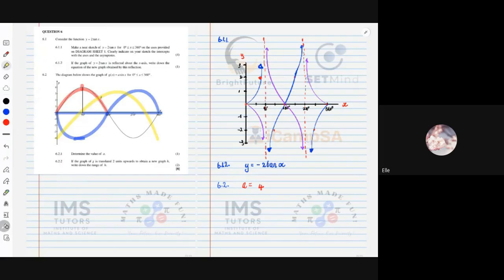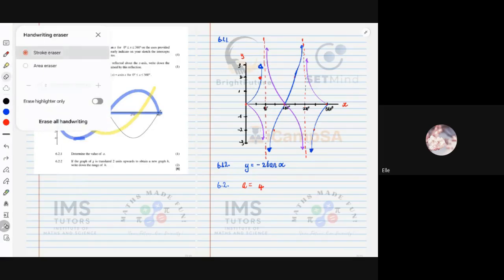The amplitude here was going to be what? It was going to be -4. But if maybe it was a cosine graph like this, starting above, the amplitude was going to be what? It was going to be 4. So that's also very important when we are dealing with the amplitude.